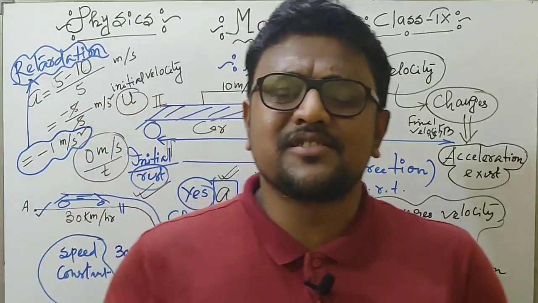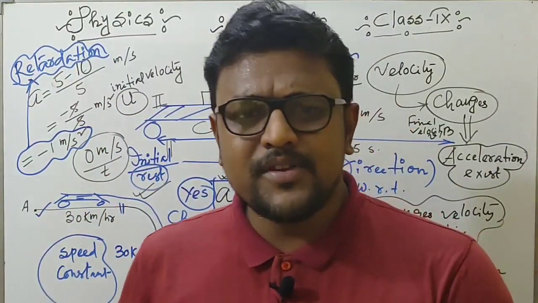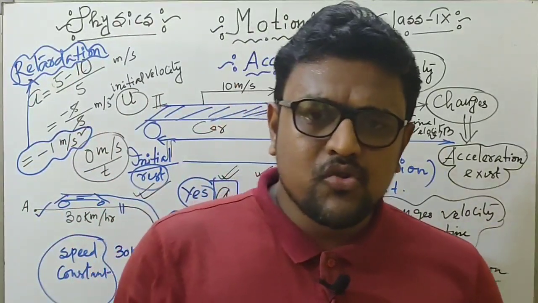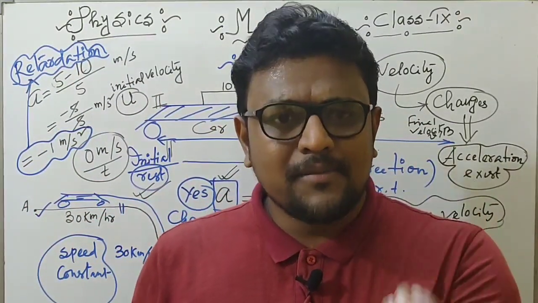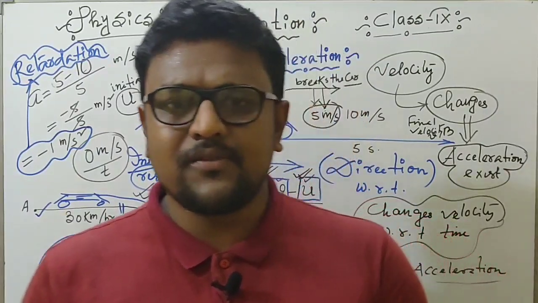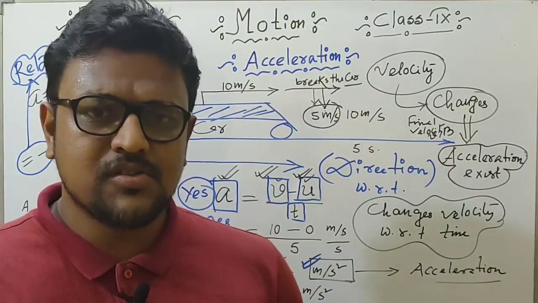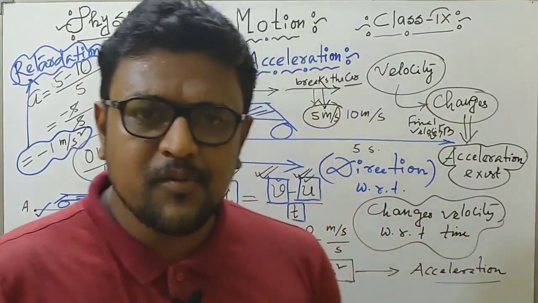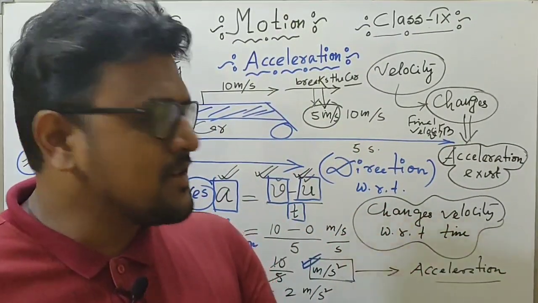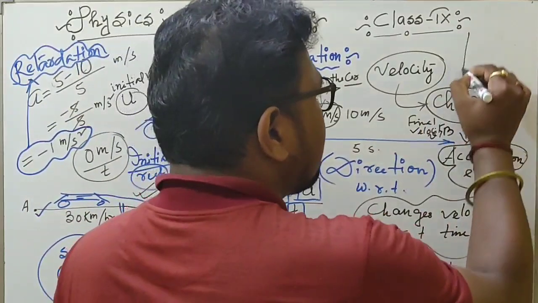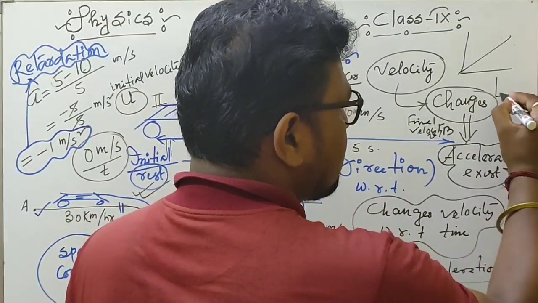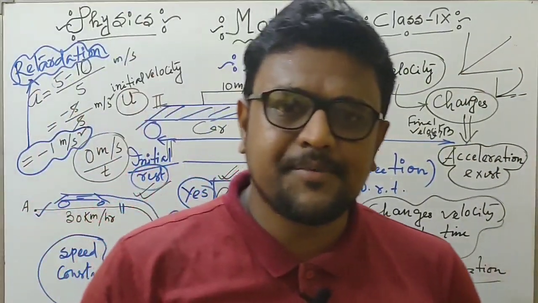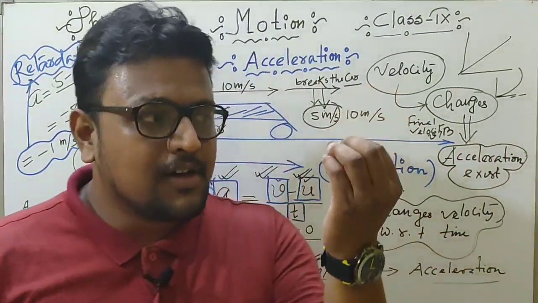Motion we have classified into one dimension, two dimensions, three dimensions, right? And uniform motion, when an object travels equal distance in equal intervals of time, is called uniform motion. Unequal distance in equal intervals of time is the concept of non-uniform motion. That's why the graph of uniform motion is a straight line and non-uniform motion is a curved line, right? After that we learned the basic concept of speed, then velocity.